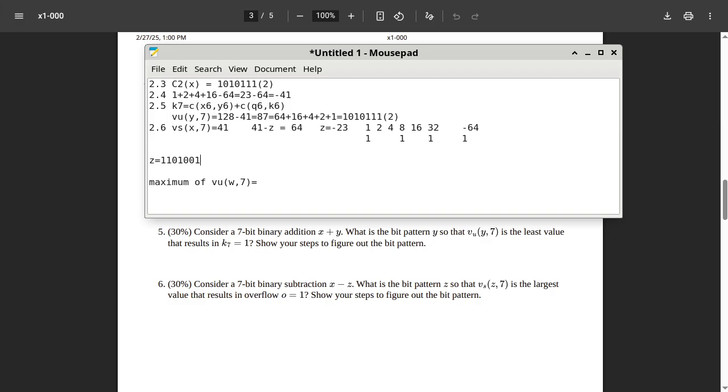I think that is right, but somehow it doesn't feel right. The question is asking what is the bit pattern of Z? So the VS Z7 is the largest value that results in the overflow. And that's exactly what we are trying to figure out.